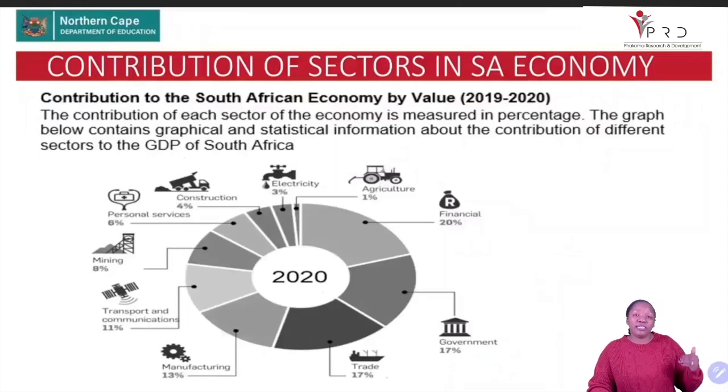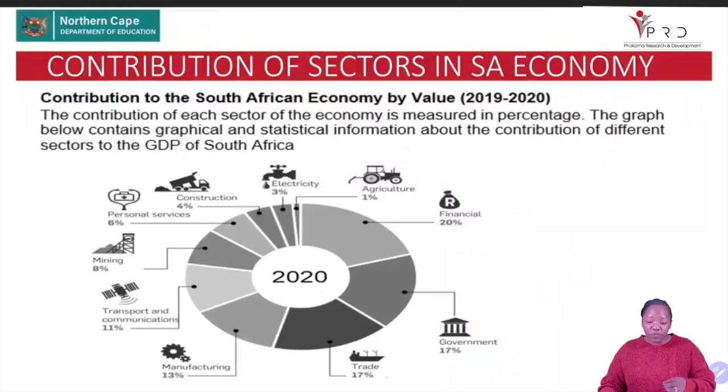Remember, we said the GDP, your gross domestic product, we're talking about the goods and services that are produced within a year. So hence it is 2019 up to 2020. These are among the examples of each sector. How many percent does it contribute towards our GDP?